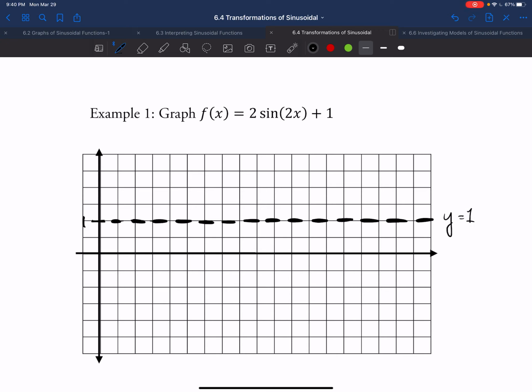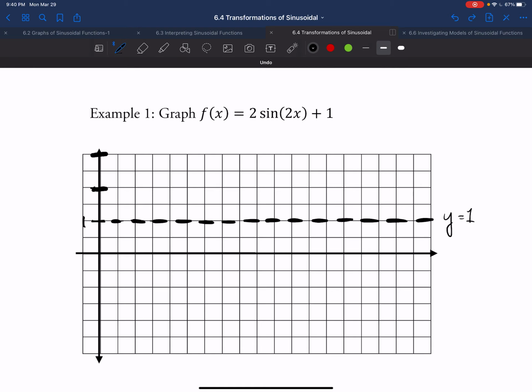Now, the amplitude is 2 because the A value is 2. So that means I'm going to go up 2 spots. Again, I'm doing every 2 spots as 1.